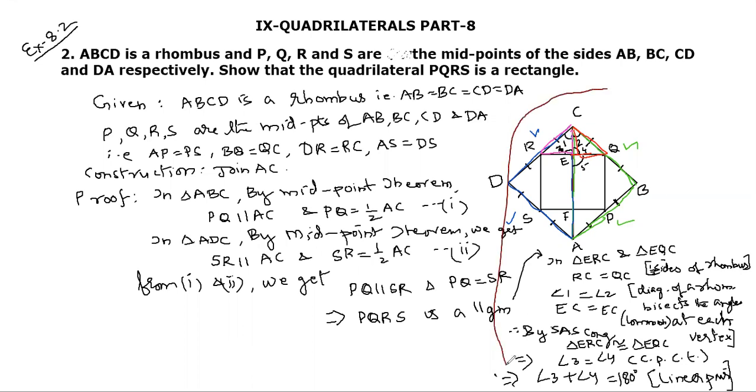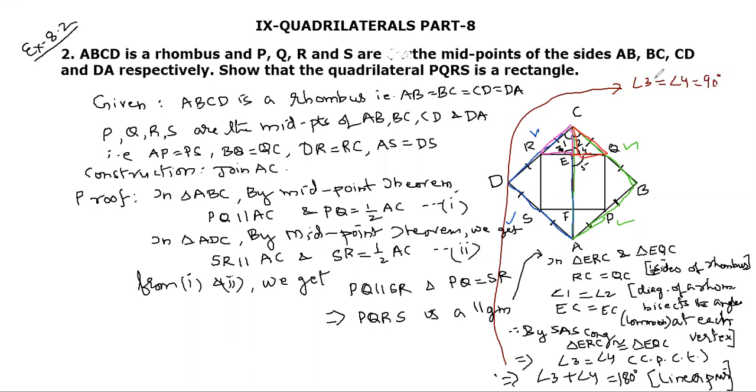So each angle is equal and their sum is 180 degrees. Therefore, angle 3 and angle 4 are each 90 degrees.